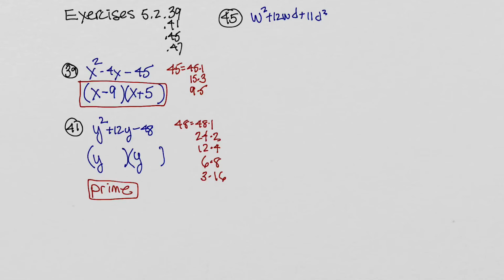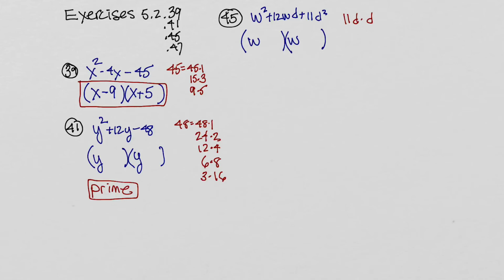So let's start by writing our two sets of parentheses, anticipating we can factor this. And we're looking for this w squared, so let's start here with w and w. And now, to get this 11d squared, what we could do is write this as 11d and d, and that's it, right? 11's prime, so if this is going to work, this is our only chance here.